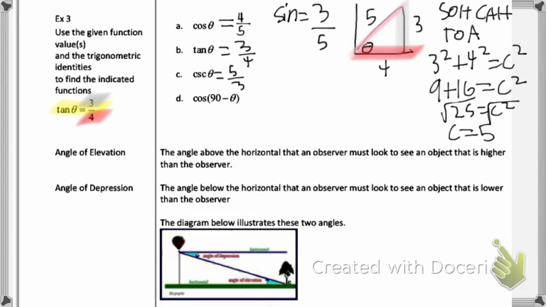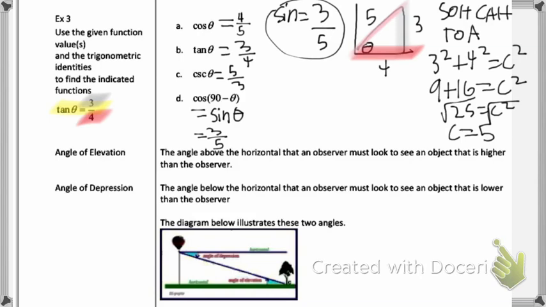And cosine of 90 minus theta equals sine of theta. Remember the formulas that were in the previous video. And sine of theta, as we already solved here, is 3/5. So this is how you do it.